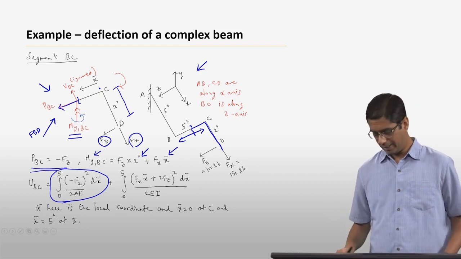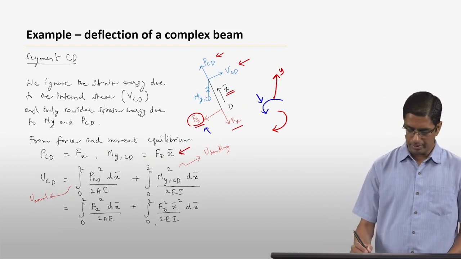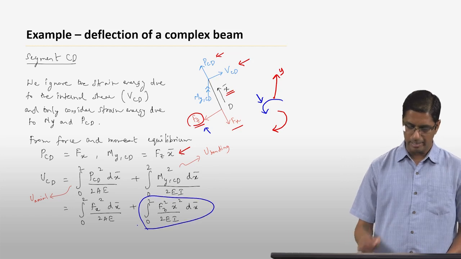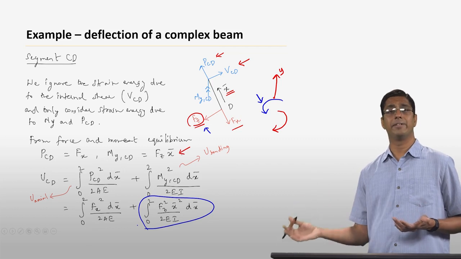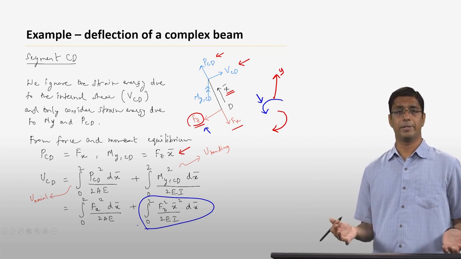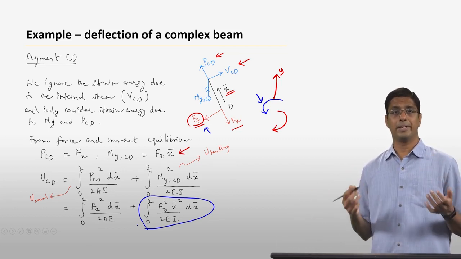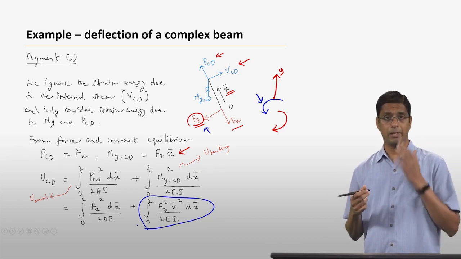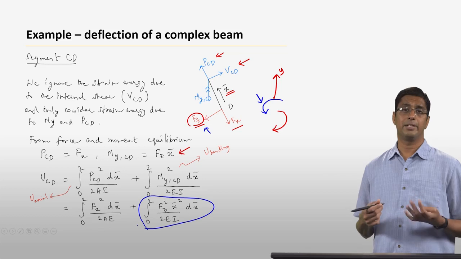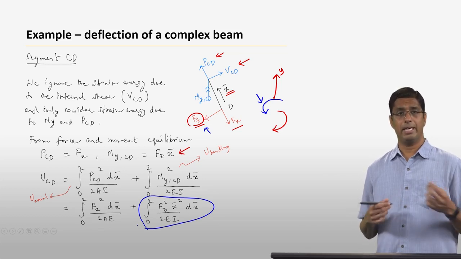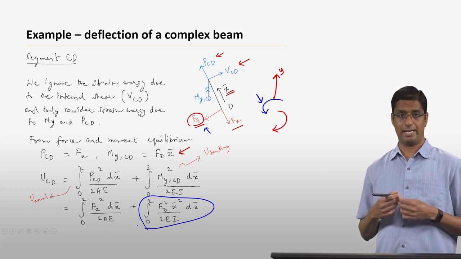The same thing is true for this term here in segment CD. It has only an Fz term, so if you take a derivative with respect to Fx, it is of course going to be equal to 0. So even though we have 6 terms in the strain energy, only 4 terms are going to contribute to the deflection at point D in the direction x.